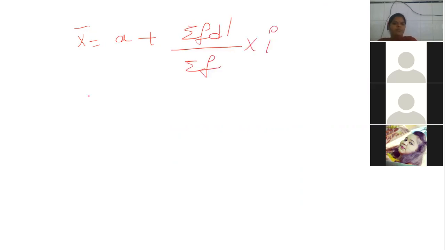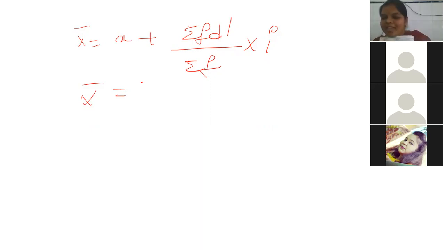Just substitute in the formula. X bar is equal to A plus sigma f d dash divided by sigma f into i. Just do it. How much will it be? 33, ma'am. 33 only.